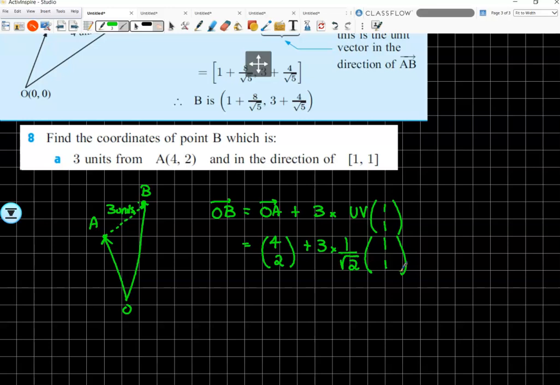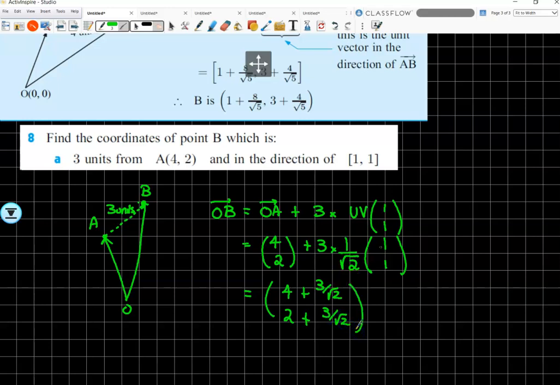Happy days? Okay, so if you really want to, you can write it all nicely if you so desire. I can't be bothered. So I'm going to say this will be 4 plus 3 root 2 and 2 plus 3 root 2.